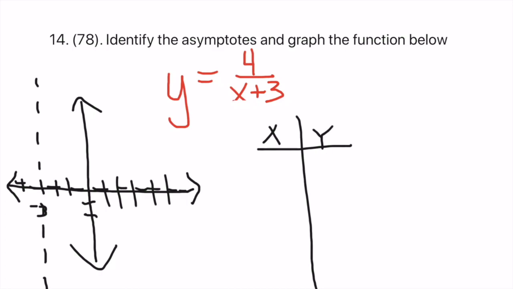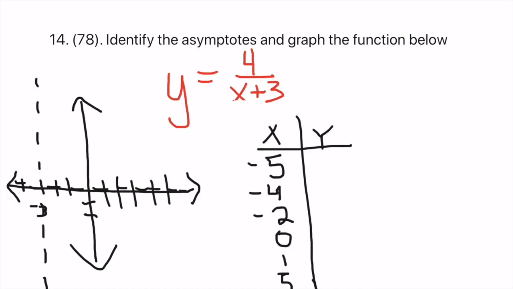So for example, I could choose maybe -5, because a -5 plus a +3 will give me a -2, which 4 is divisible by. And maybe I'll do a -4, do a -2, a 0, and then I'll do a 1, a 5, and I'll just leave it at that. So let's see if that gives us enough.